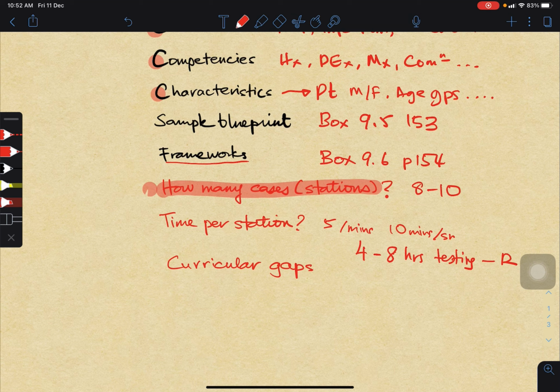So to get 4 hours, 24 stations. Now how do we get 24 stations or 4 hours of testing time in one go? That would not be very possible, but if you can split the OSCE into OSCE 1 and OSCE 2, or maybe you can combine results from an OSCE in semester 1 and another OSCE from semester 2, perhaps we can reach 4 or even more hours of testing time.